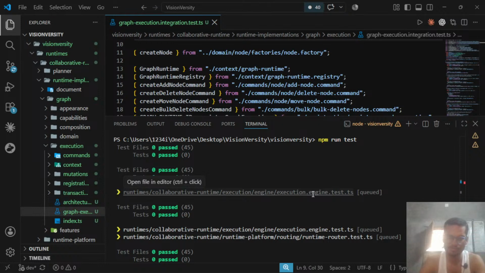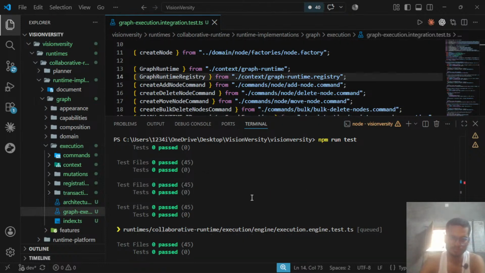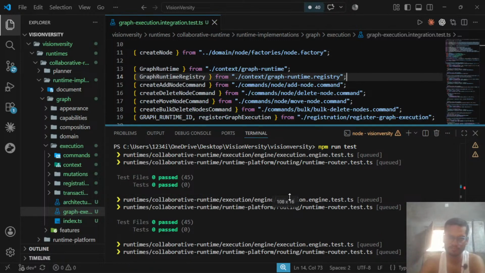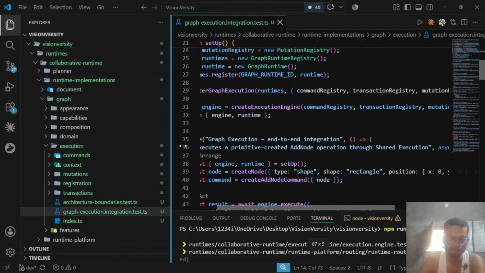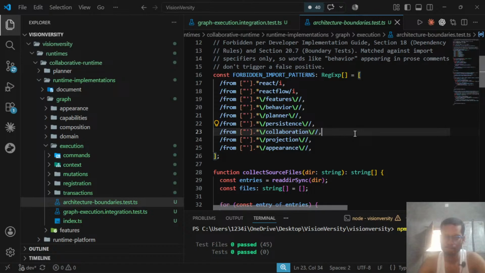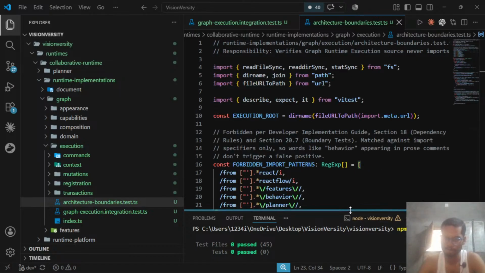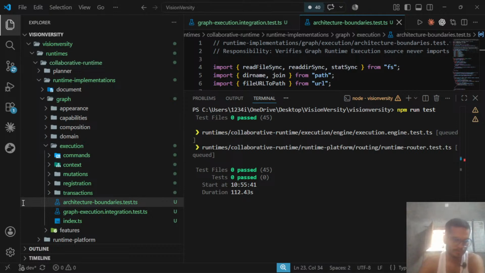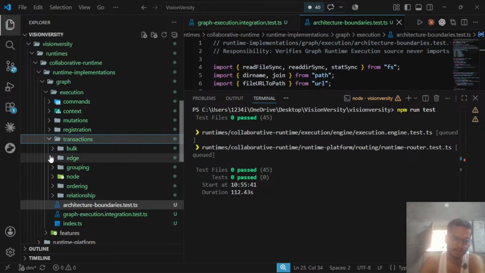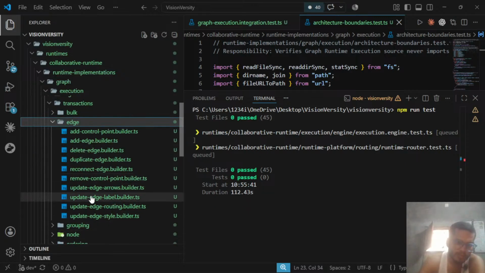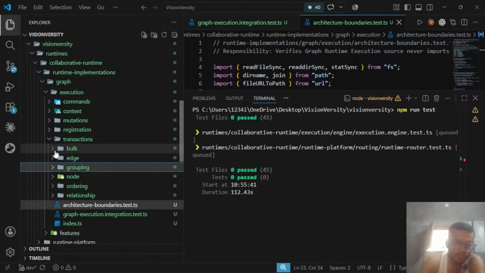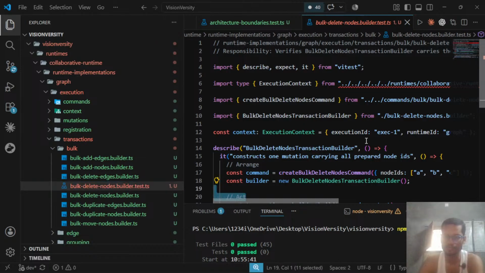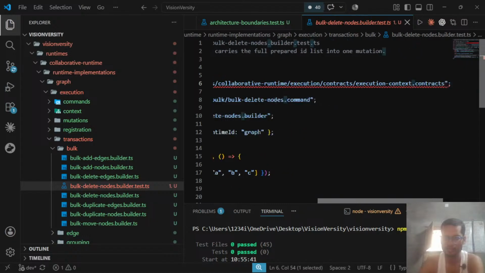So every case has a unit test again. Import issue, runtime. Okay.